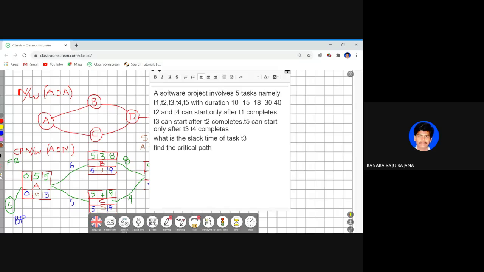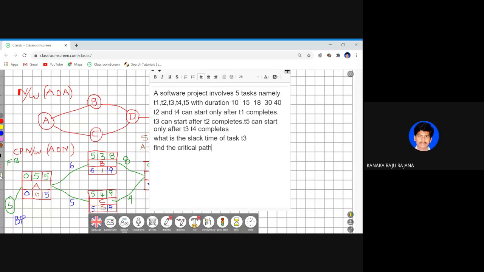T3 can start after T2 completes. T5 can start only after T3, T4 completes. Now, the question number 1 is, what is the slack time of task T3? Find the critical path. Okay.